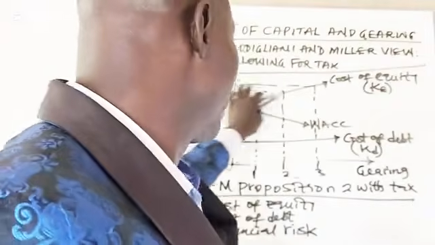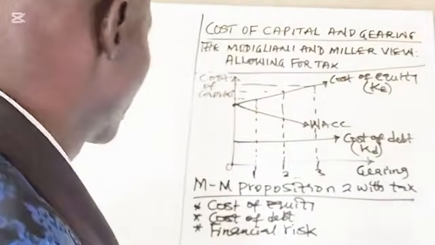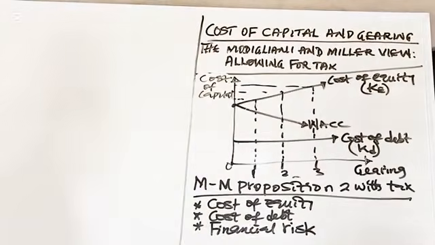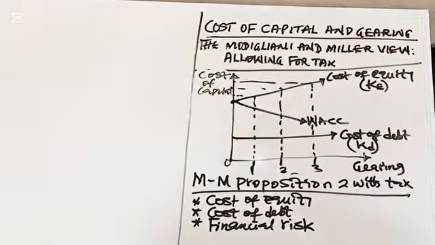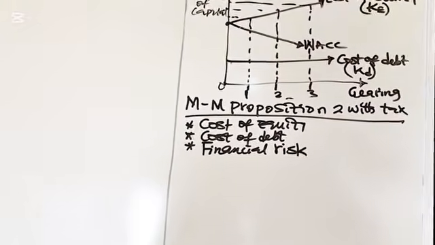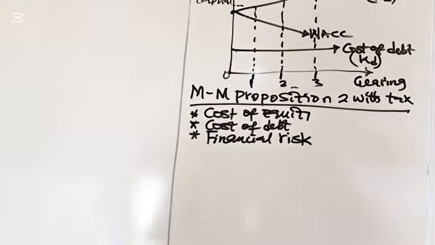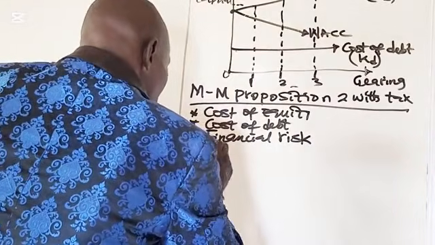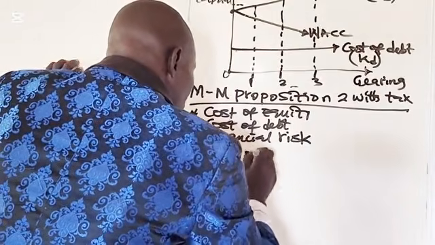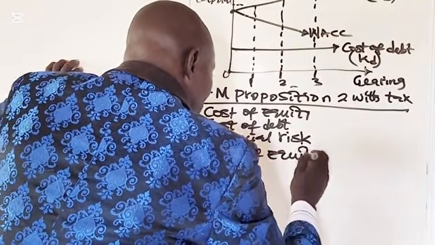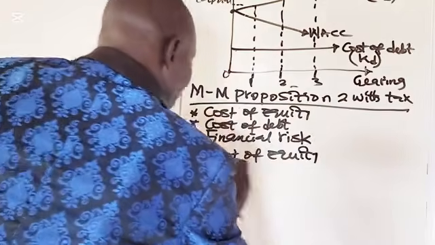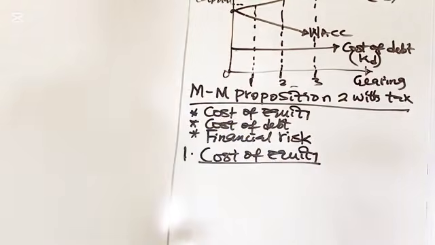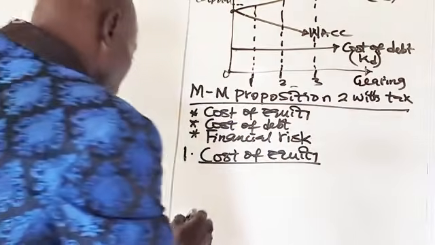You see that as gearing is increasing, cost of equity keeps increasing. So that is M&M Proposition 2 with tax. We are examining cost of equity, which is number 1. We say as gearing increases, cost of equity continues to increase.